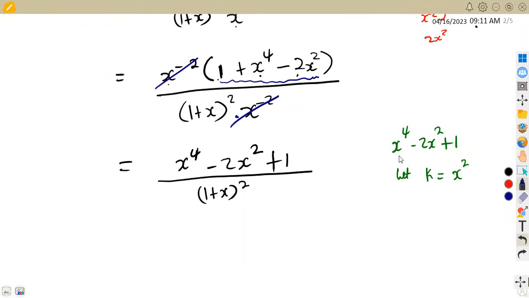Meaning to say the x to the exponent of 4 can be written as x to the exponent of 2, to the exponent of 2, minus 2x to the exponent of 2 plus 1.